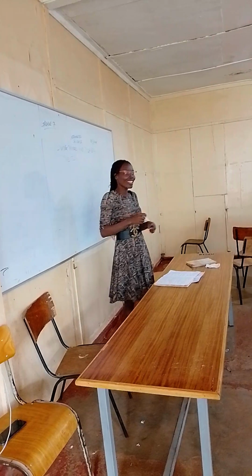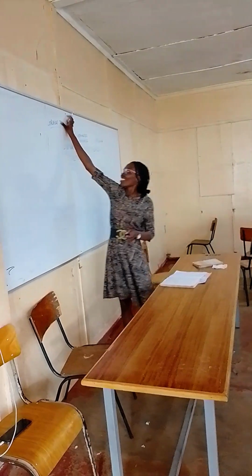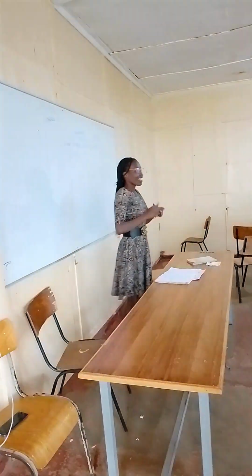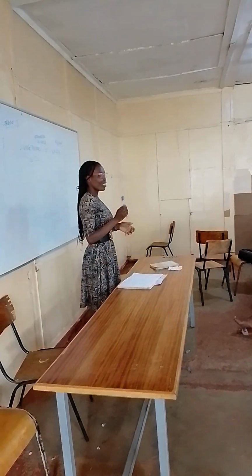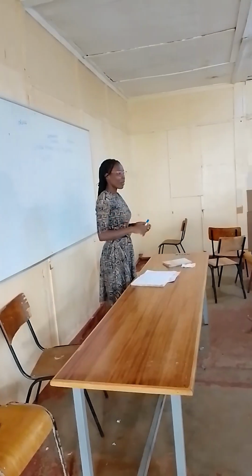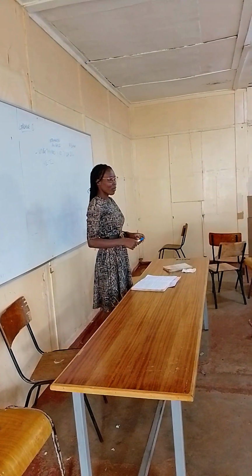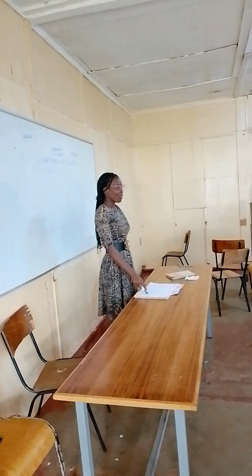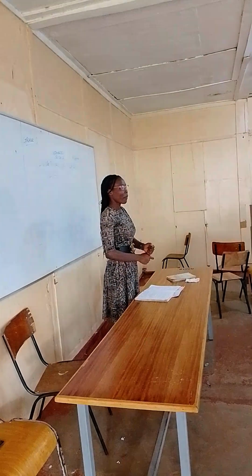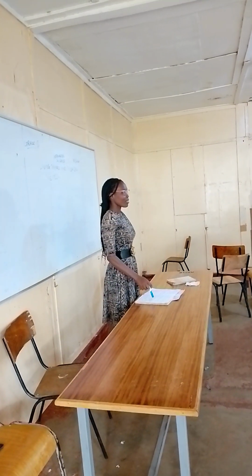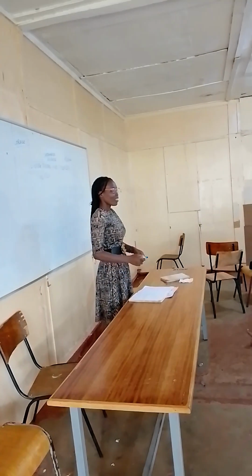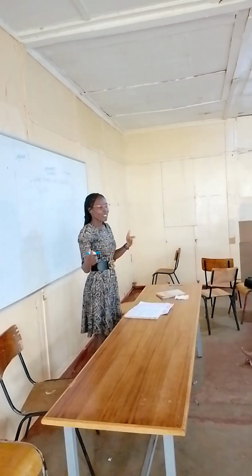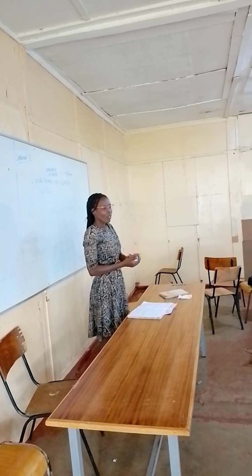Okay, when we were in grade 7, we discussed more about the microscope, specifically the light microscope, and we saw that a light microscope is an instrument or a tool that is used to observe tiny objects.